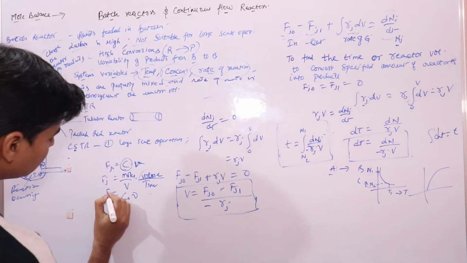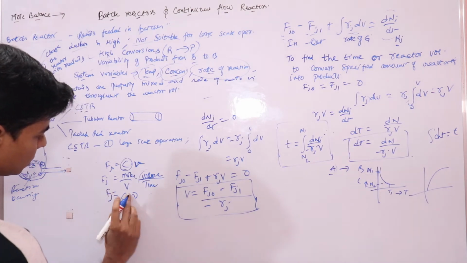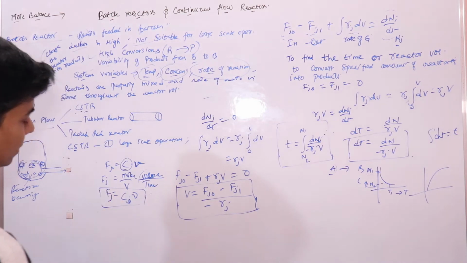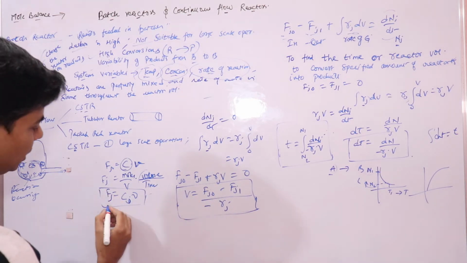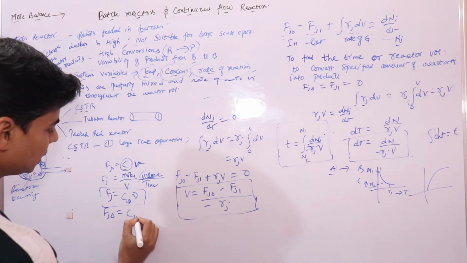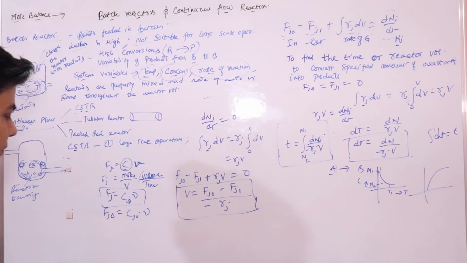Fj is equal to this, where this is J. Similarly, Fj0 would be equal to Cj0 times nu 0.